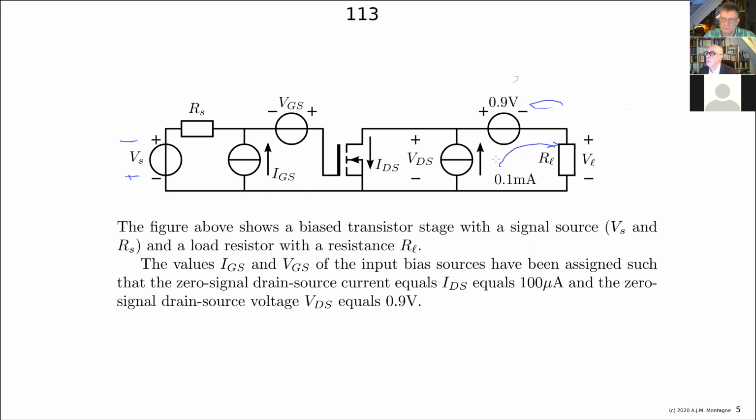And if the current is flowing through the load, then eventually in the quiescent operating point, there was no current flowing through this voltage source because there was zero voltage there. But now there will be current flowing through the load, and the current flows in this way, from plus to minus, so this one will dissipate power and not deliver.